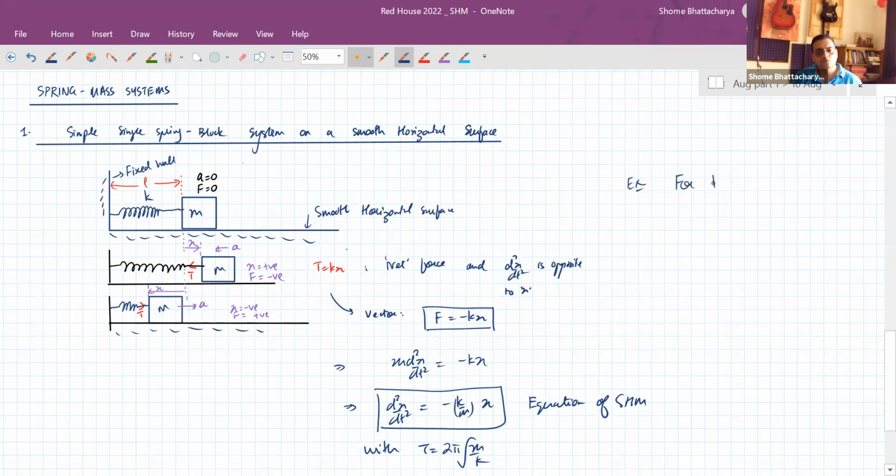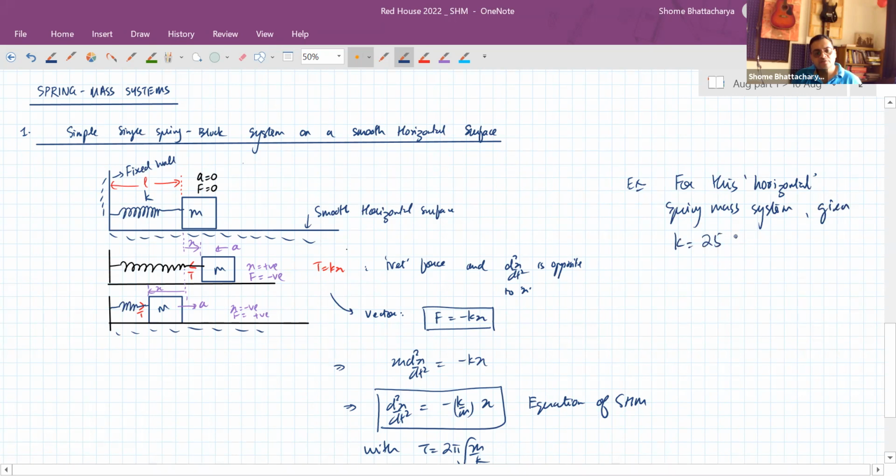For this horizontal spring mass system, given that the spring constant is 25 Newton per centimeter, and the mass of the block is 4 kilograms, find the time period, angular frequency, and equation of SHM with amplitude and phase constant.